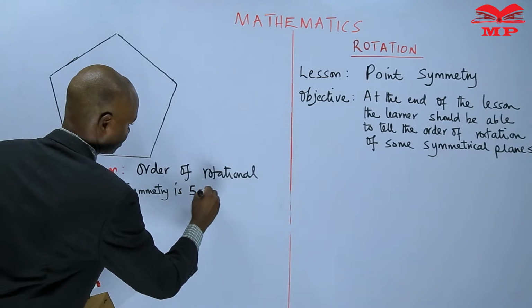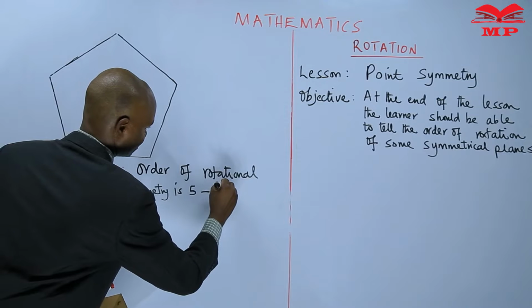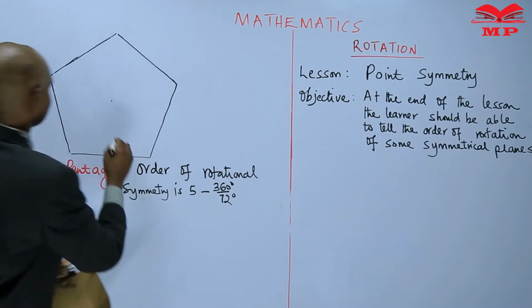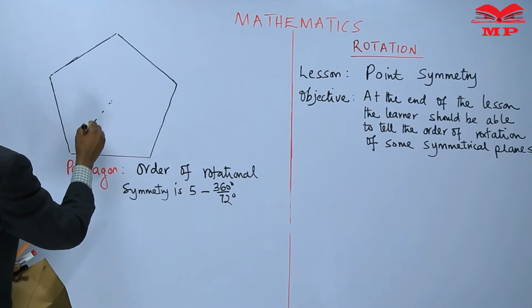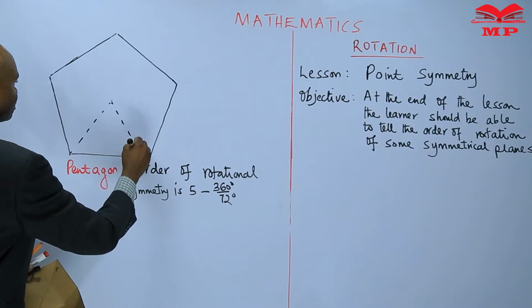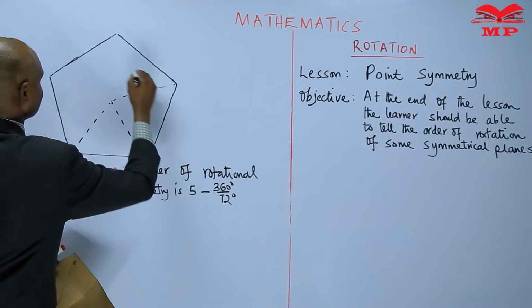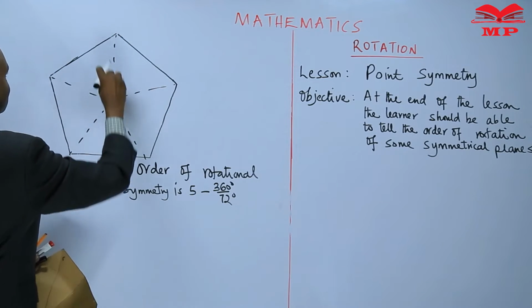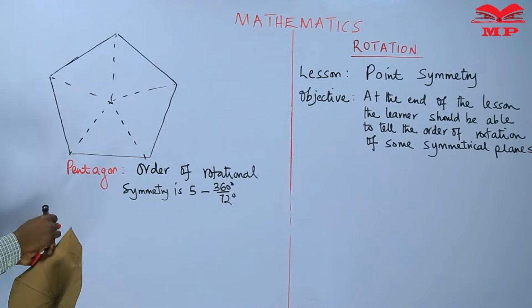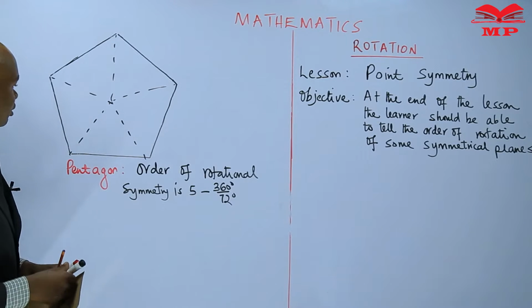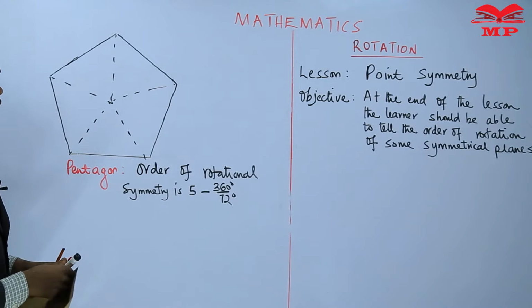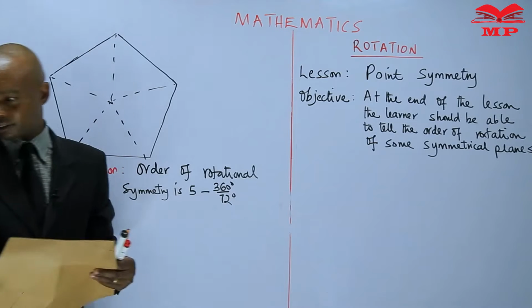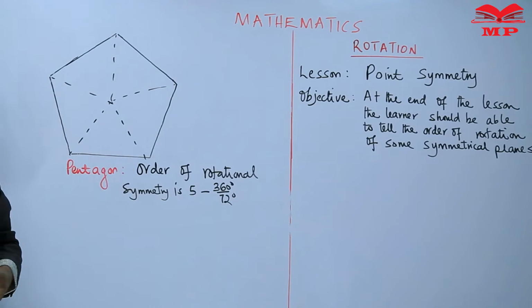How do we get 5? It is actually 360 divided by the 72. You'll find that each of those angles to the center is 72 degrees. After 72 degrees, it fits onto itself. So we say the order of rotational symmetry of a pentagon is 5. You can look at another example also.